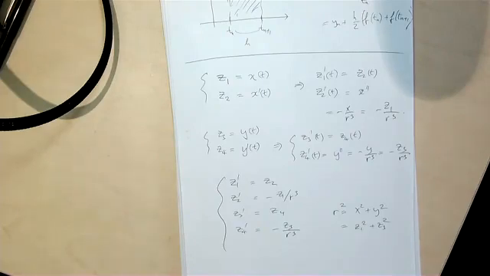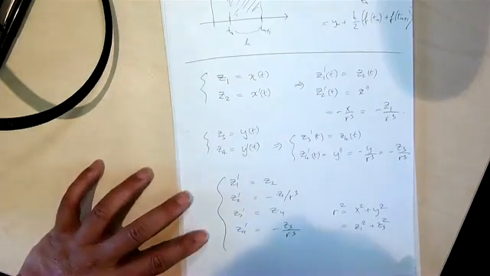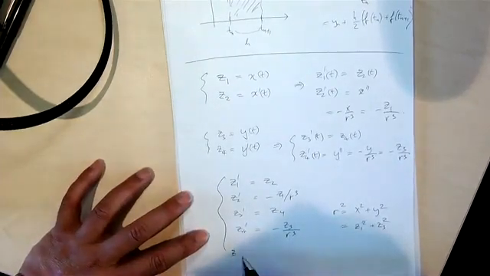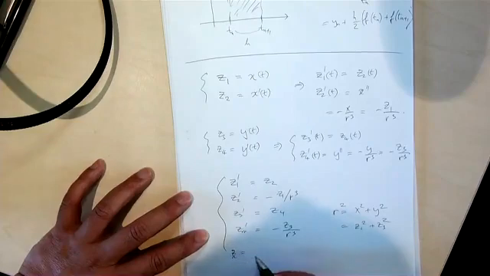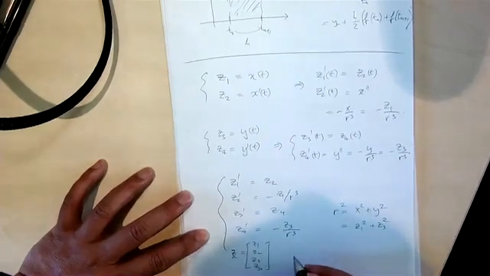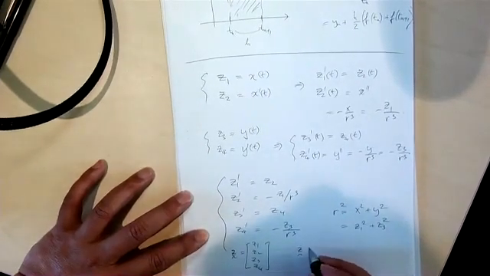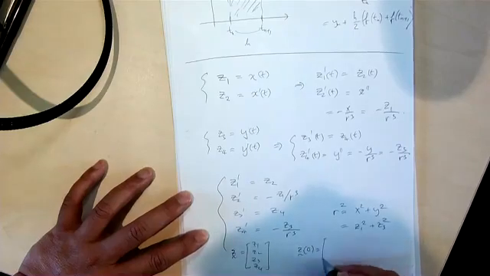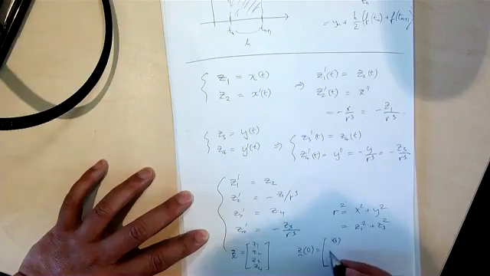So your initial condition in this case, with the vector Z equal to Z1, Z2, Z3, Z4, then Z0 will be Z10, which is just x0, Z20, x prime 0, and y0, y prime 0.